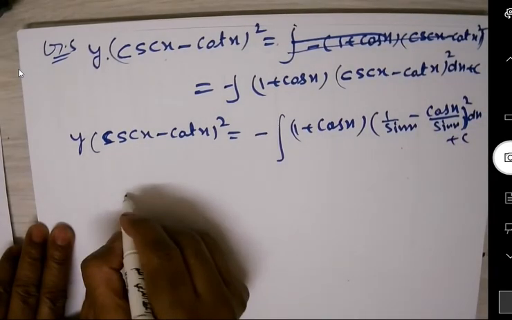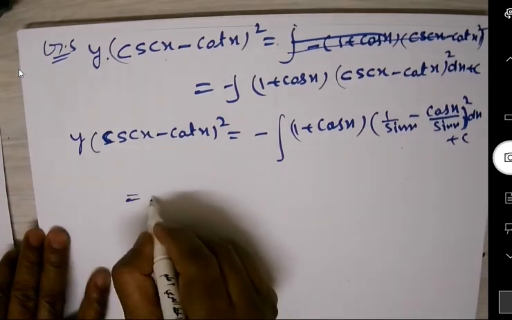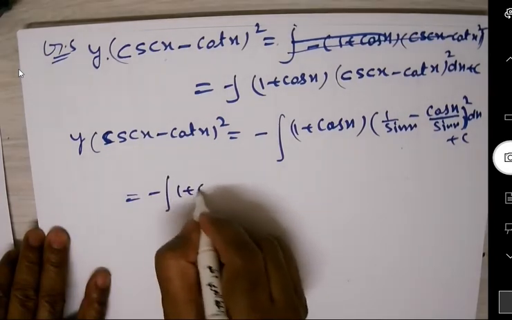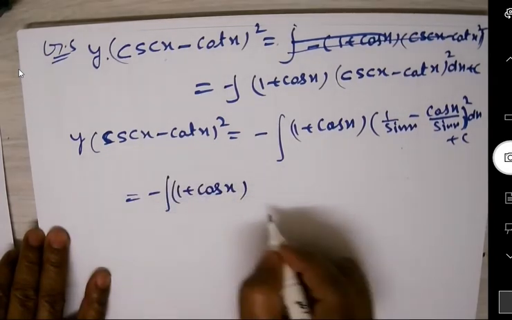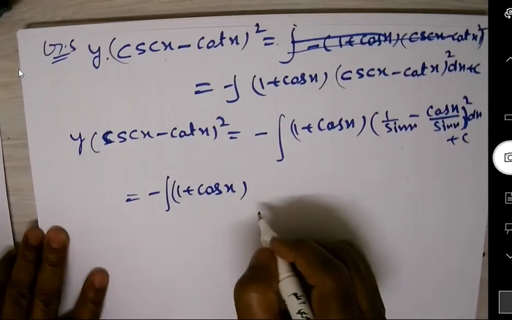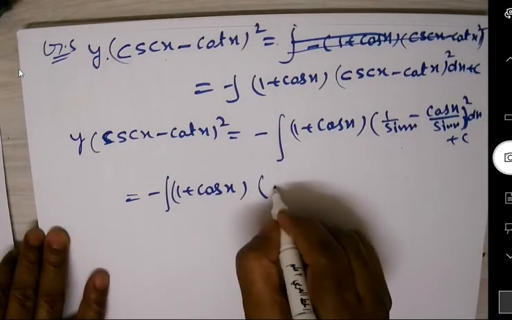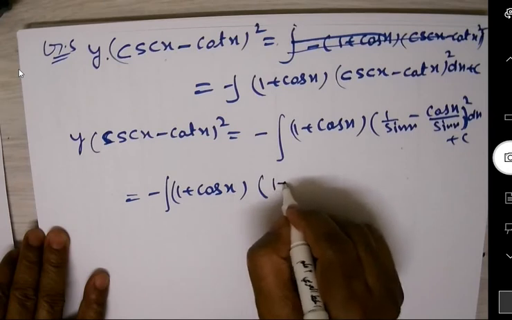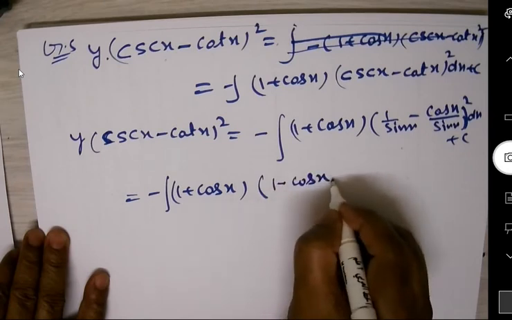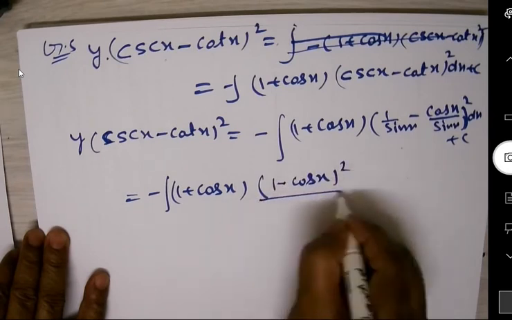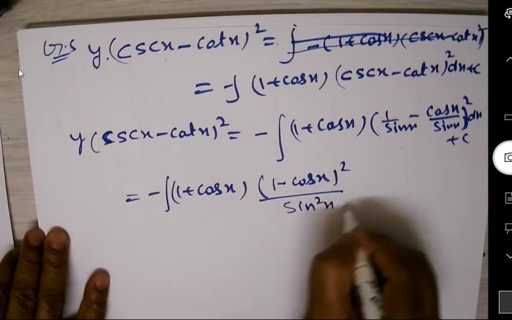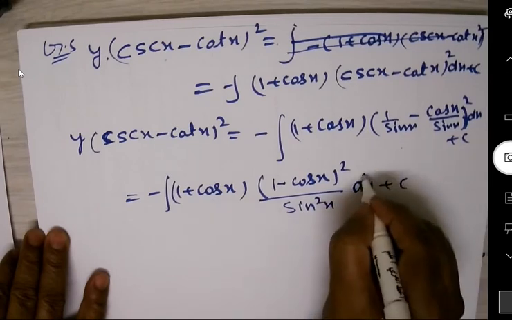Simplified. This step is same, minus 1 plus cosine of x, and simplify. This comes 1 minus cosine x whole square divided by sin square x dx plus c.